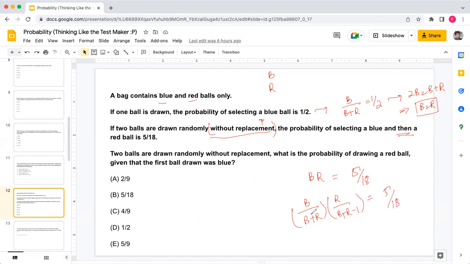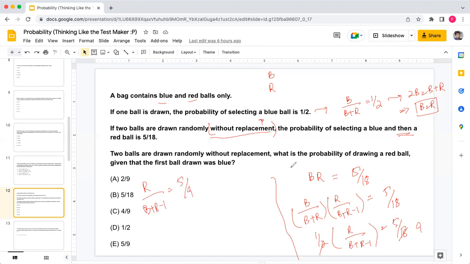Now we already know that at the start, B over B plus R is equal to 1/2. So 1/2 into R over B plus R minus 1 is equal to 5/18. This means R over B plus R minus 1 is equal to 5/9.